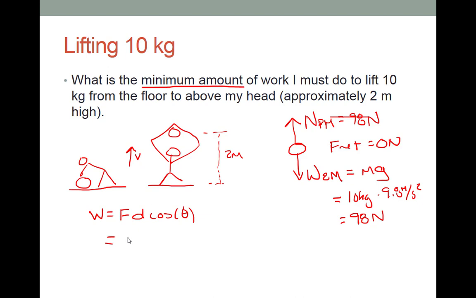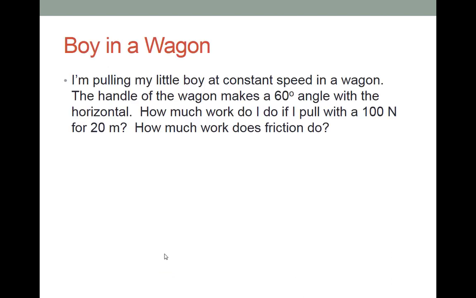So we have a force of 98 newtons times a distance of 2 meters times a cosine of 0 degrees, and that's 196 joules. Okay, that one was fairly straightforward.